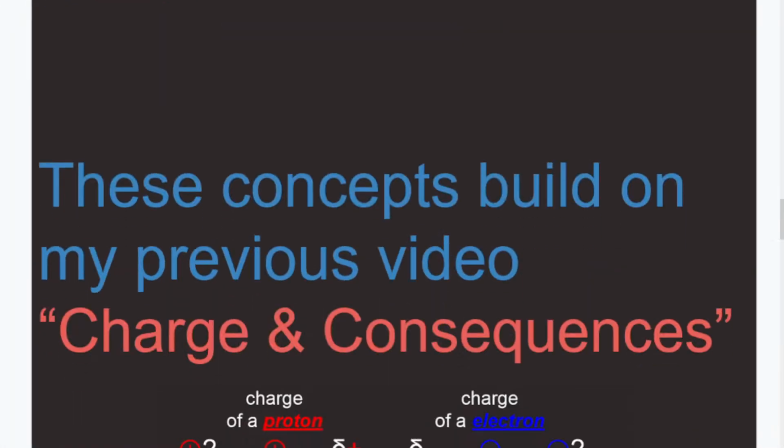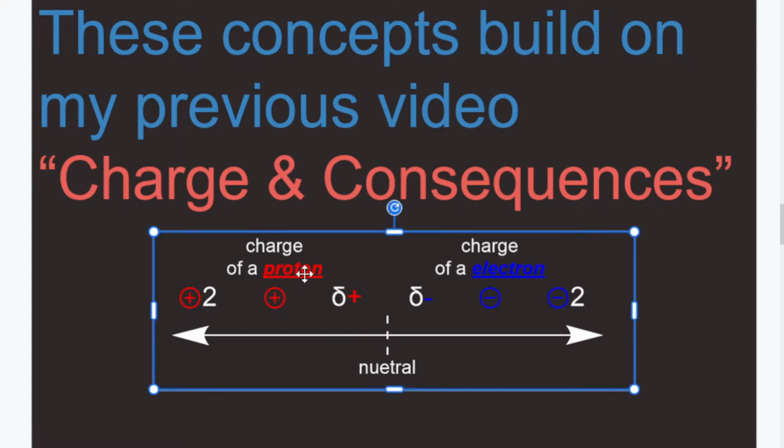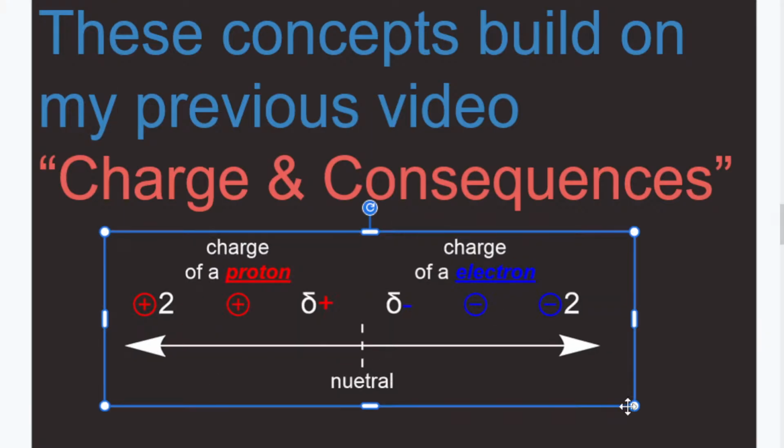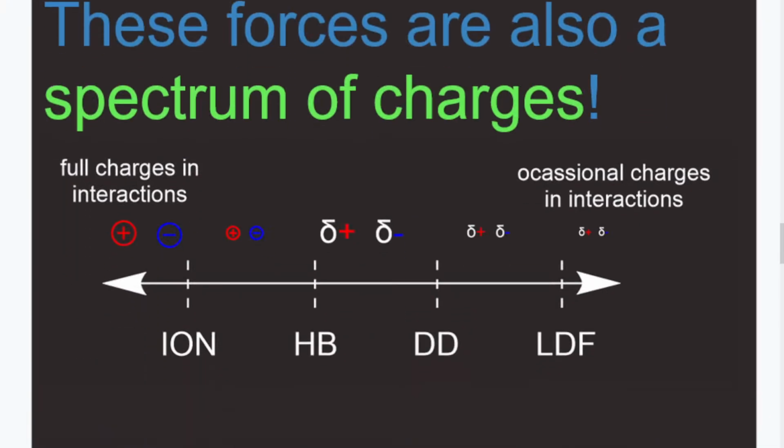And so what I would want to remind you is that the concepts in this video are building on a different video, Charges and Consequences, where we saw that charges themselves are on a bit of a spectrum. We can be neutral, but we can go partially negative or lots of negatives, or partially positive and lots of positives. The forces I talked about in this video are also a spectrum.